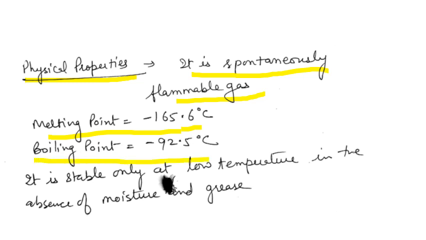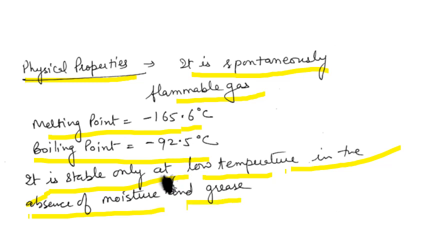Its boiling point is minus 92.5 degrees centigrade. It is stable only at low temperature, in the absence of moisture and any kind of grease.